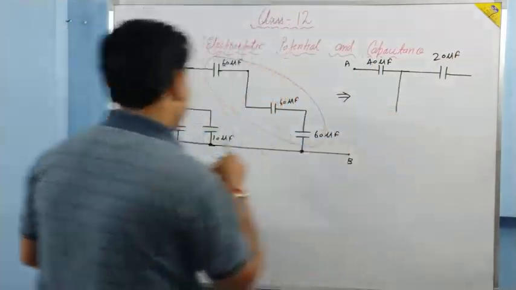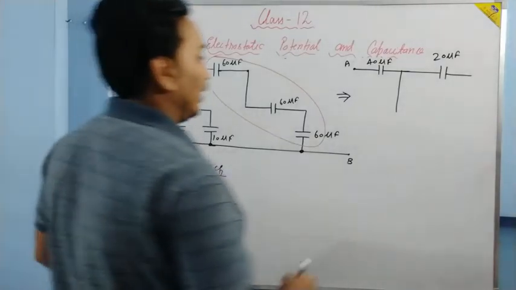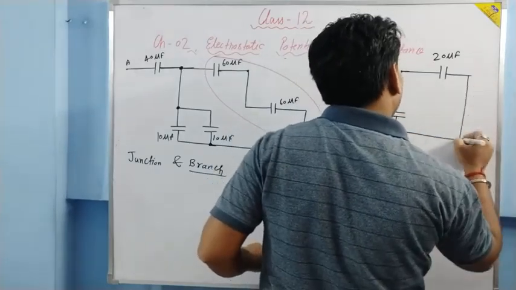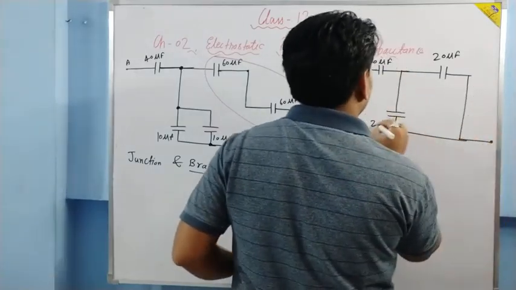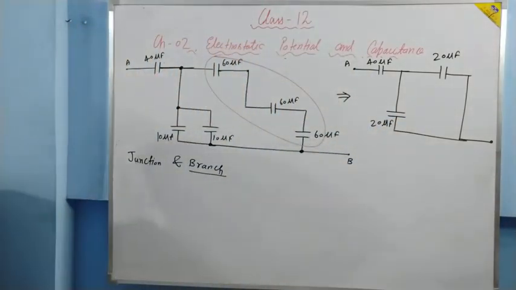And 10 microfarad is in parallel with it, so they will be added, giving 20 microfarad in the parallel combination. So this is the reduced, simplified circuit of the given one.